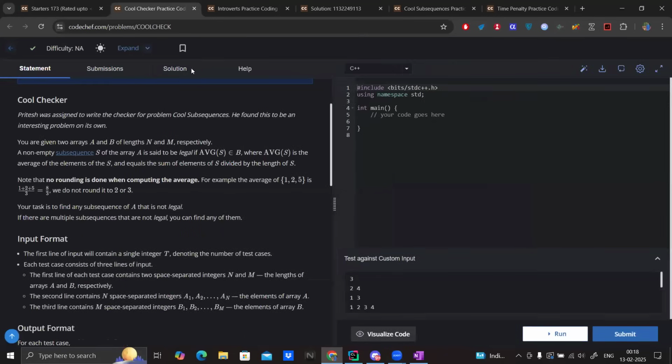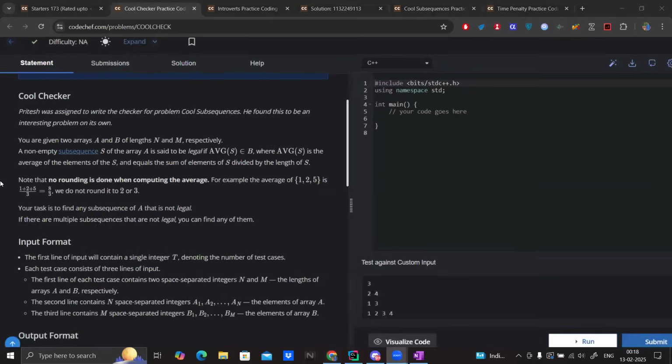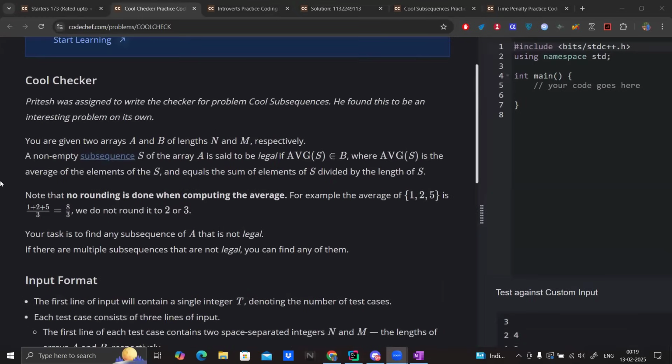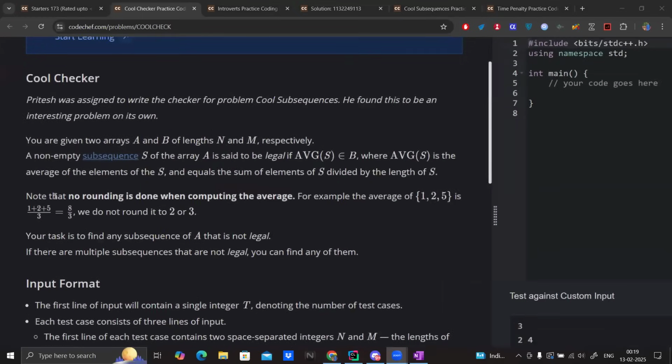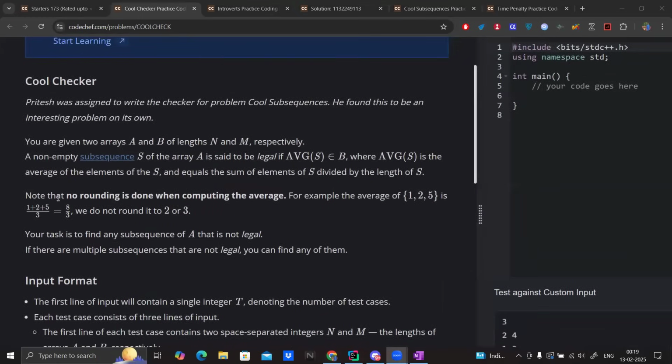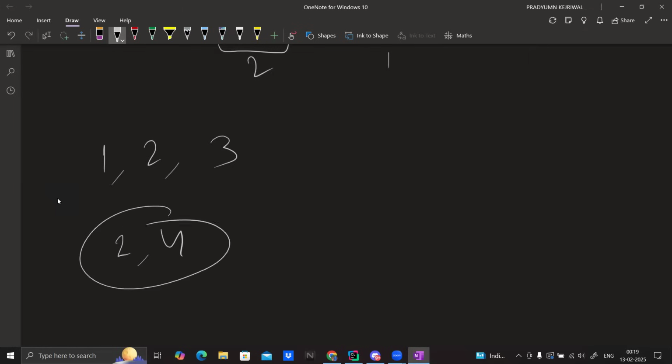Okay, so this is the question. We have been given an array A, let's say 1 2 3, and array B is 2 4. Then we need to find any subsequence whose average does not lie in the array B.